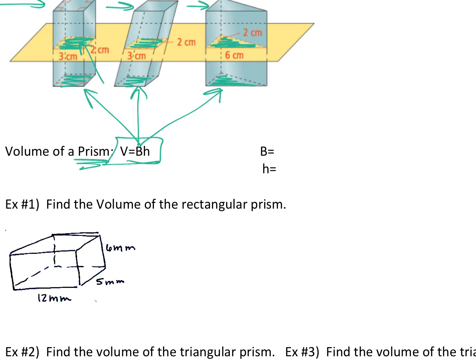The area of the base. Okay, B is area of the base. And then H is what? Same as before. Height of the figure. And this works again. It's the distance between the bases. Okay, that would be the height of the figure in a prism. And that's prisms is what we're going to talk about right now. The height of the figure or the distance between your bases.